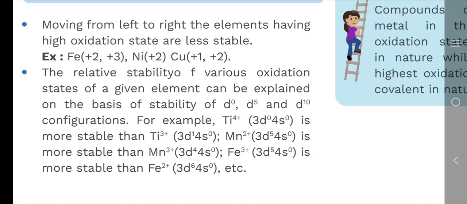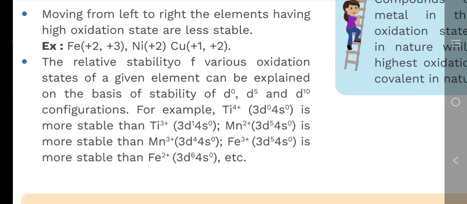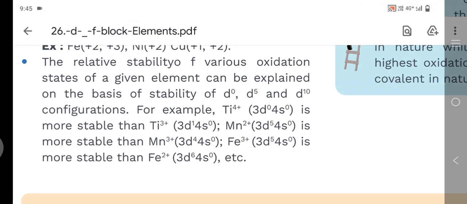For example, Ti4+ is more stable than Ti3+ because in Ti4+, the d shell is empty. Similarly, Mn2+ is more stable than Mn3+ and Fe3+ is more stable than Fe2+.